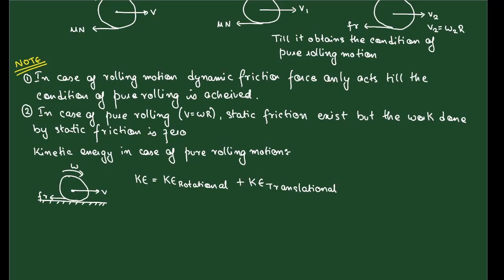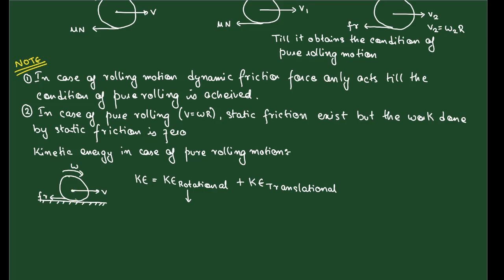For rotational kinetic energy, you first need to determine the axis of rotation. Somewhere you take this as the axis of rotation, in some places you take this as the axis of rotation. I'll explain the difference between those two axes.